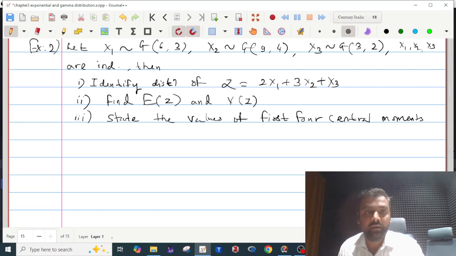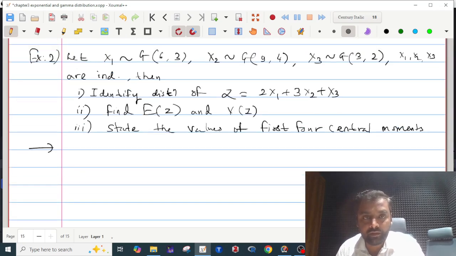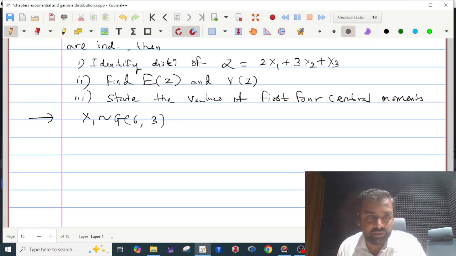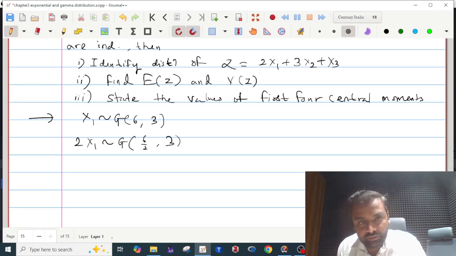Okay. Now x1 follows gamma 6 comma 3. We have to find the distribution of 2 times x1. So 2 times x1 will be gamma 6 upon 2, which is nothing but 2x1 follows gamma 3 comma 3.